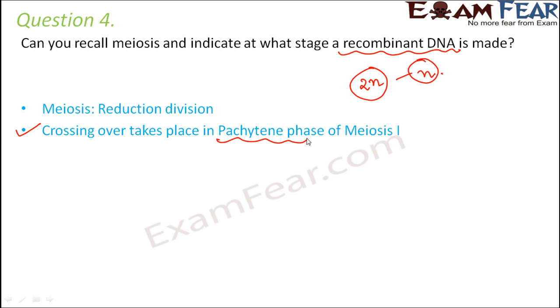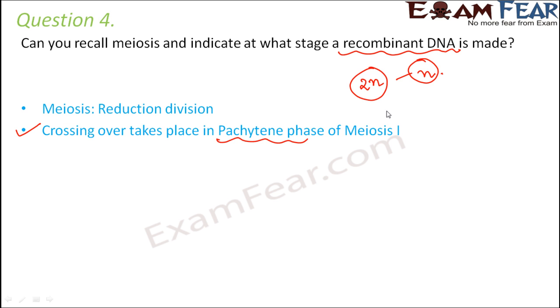If you remember, the entire process of meiosis is divided into two stages, meiosis 1 and meiosis 2. Again, meiosis 1 has various phases like prophase, metaphase, anaphase, telophase, and similarly meiosis 2 will also have the various phases. Now, the prophase 1 of meiosis 1 will have multiple stages like Pachytene, leptotene.